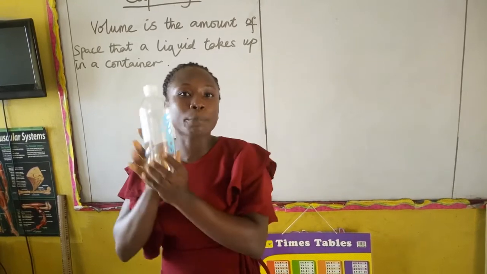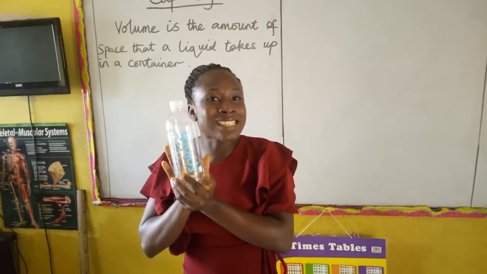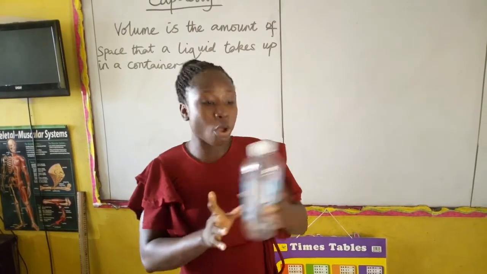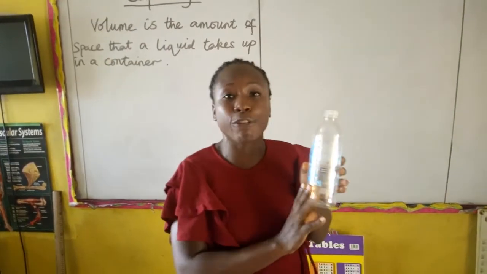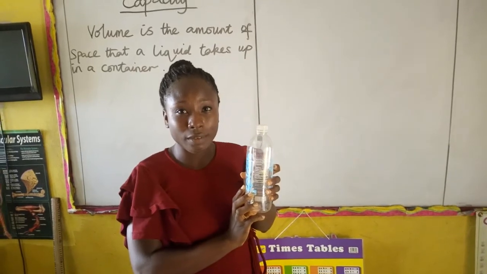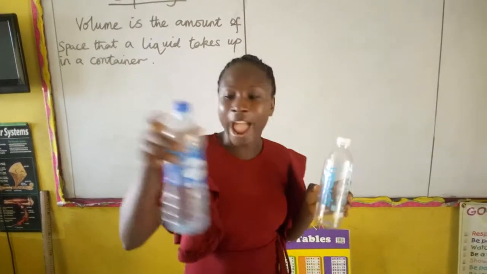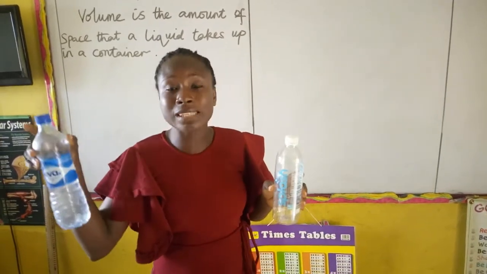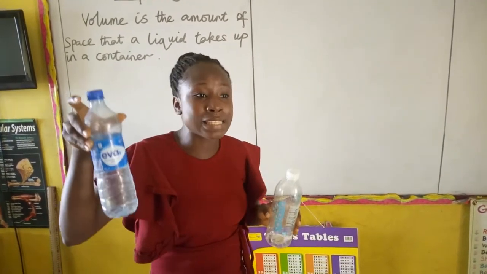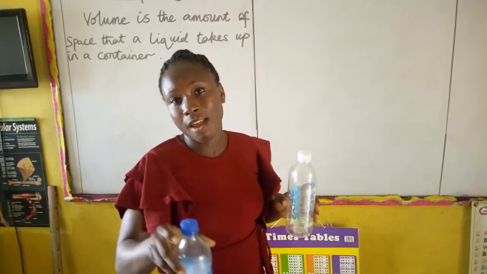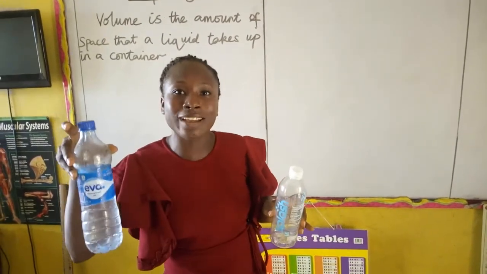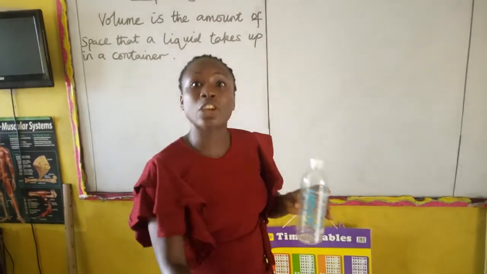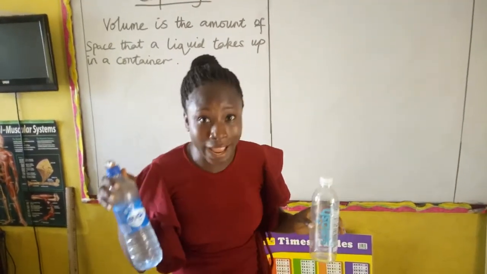What can fill up this to the brim is the capacity of the container. The container can take only 75 cl. But right here, I added water of only 60 cl. That means I didn't fill it to the capacity of the container. But the volume of the water is what? 60 cl. So that means the container can take more, right?